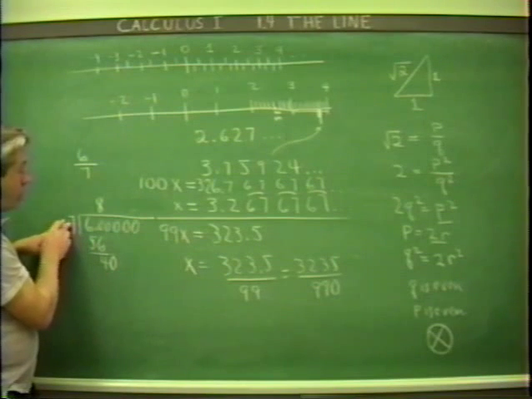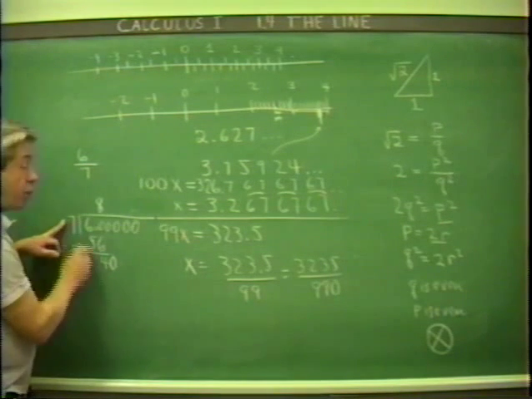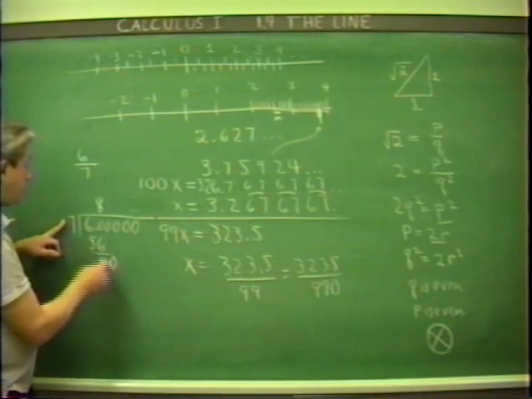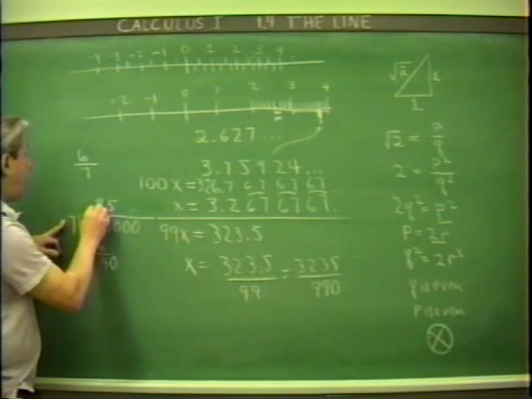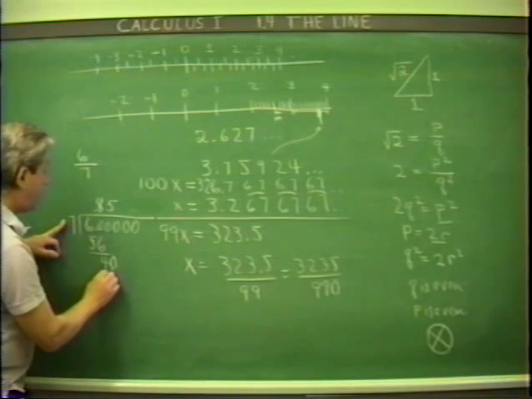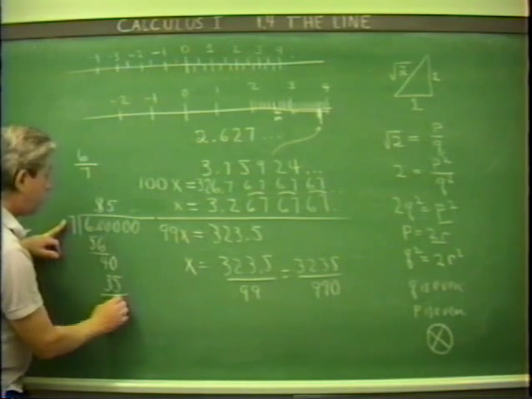There are only so many possible remainders that we're going to run through, and all of them will be less than 7. Since there are only 6 of these remainders less than 7, eventually they're going to have to repeat. 7 into 40, for example, is 5. 5 times 7 is 35.